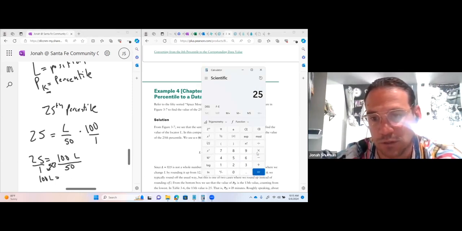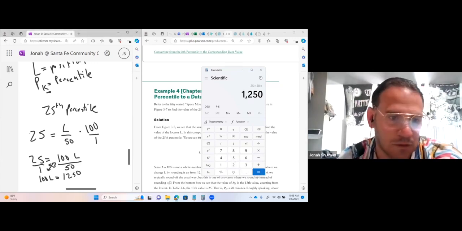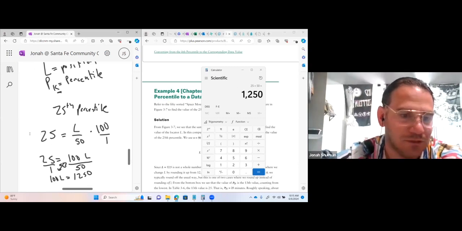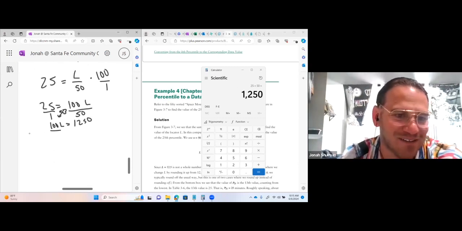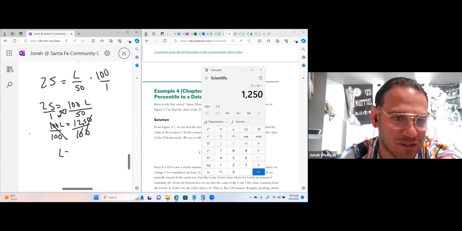We can just do it this way: 1250. And we divide by 100. To divide this by 100, we're just going to take the 0, make a decimal here, and we got L is 12.5.